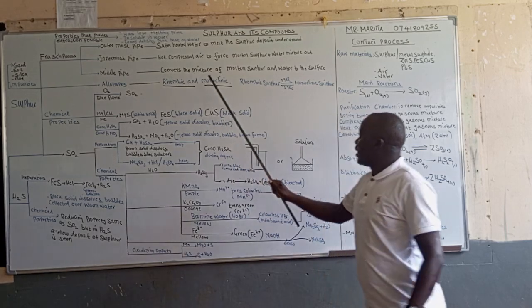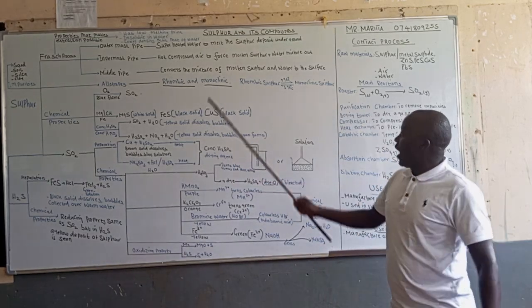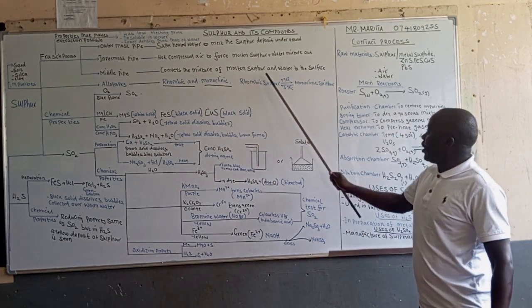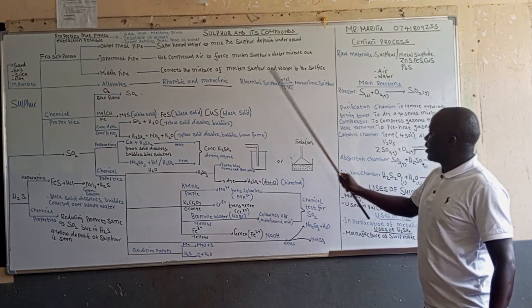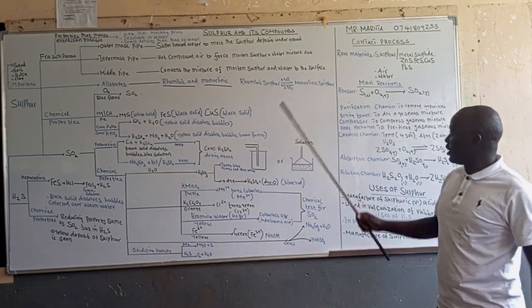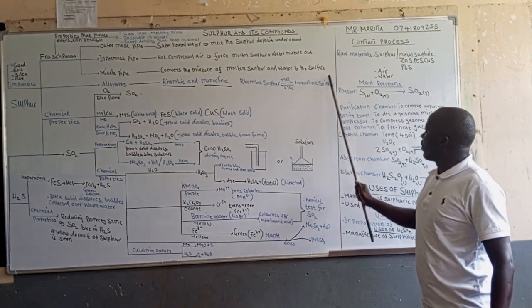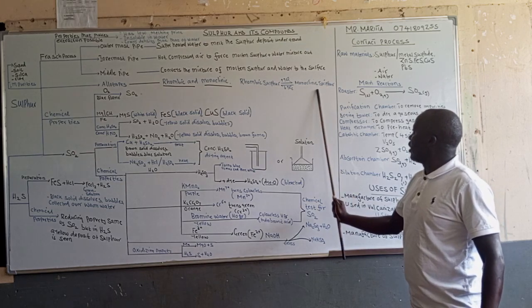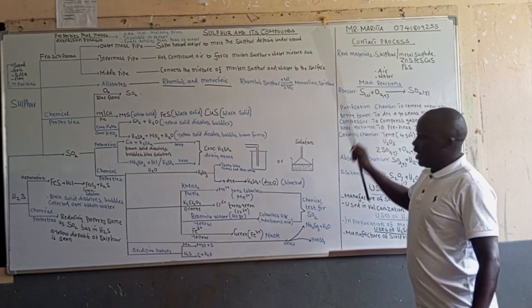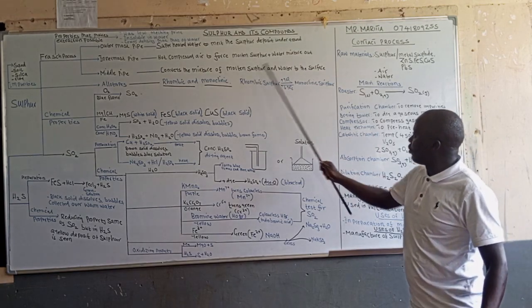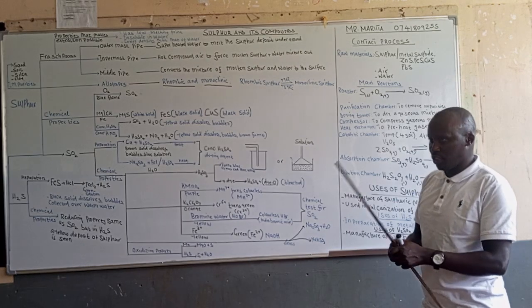Rhombic sulfur can change to monoclinic sulfur, and monoclinic sulfur can also change to rhombic sulfur. When the temperature is above 96, rhombic sulfur is unstable, so it gradually changes to monoclinic sulfur. When the temperature is below 96, monoclinic sulfur changes to rhombic sulfur. The temperature at which an allotrope changes from one form to another is called the transition temperature.